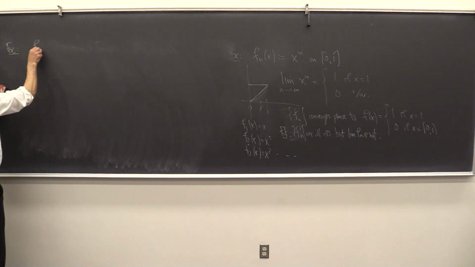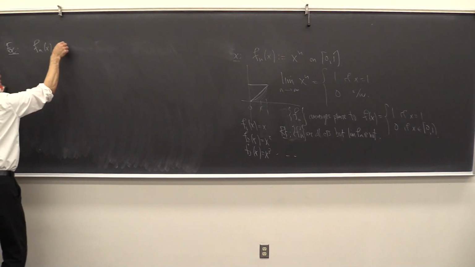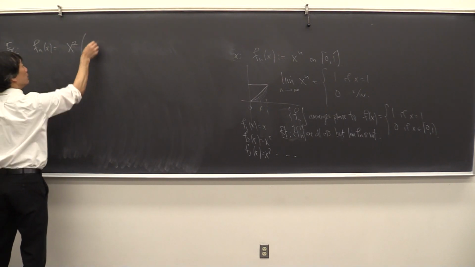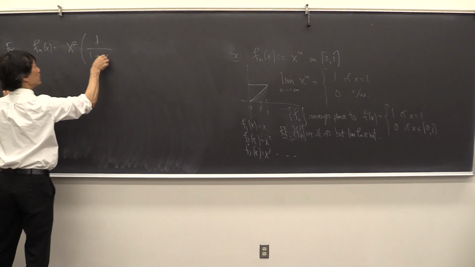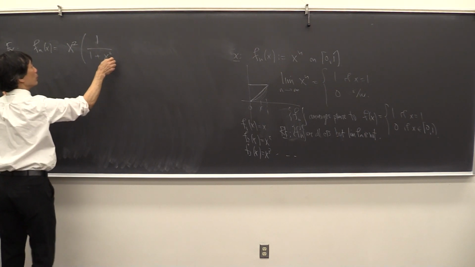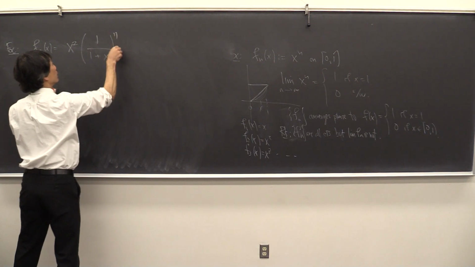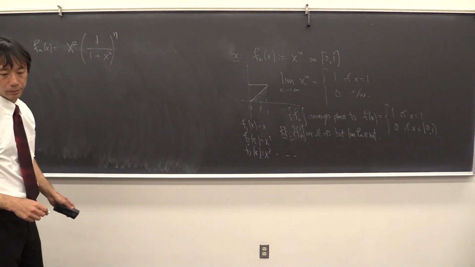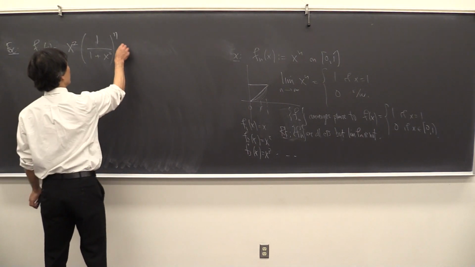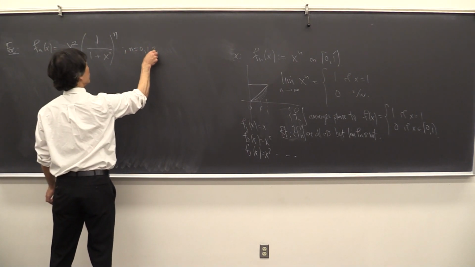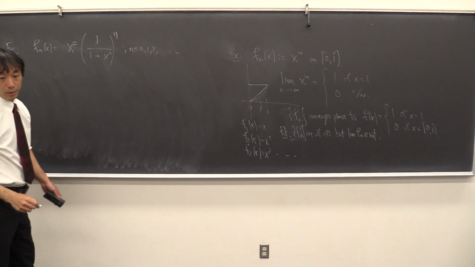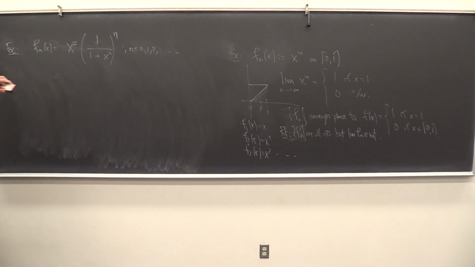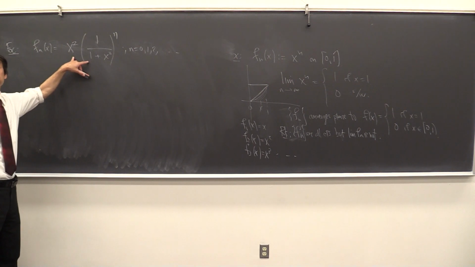He says, well, let f sub n be x squared times 1 over 1 plus x squared to the n, for n equals 0, 1, 2, etc. Okay, so this is just a rational function, right?